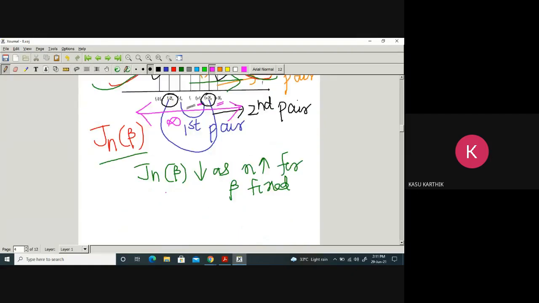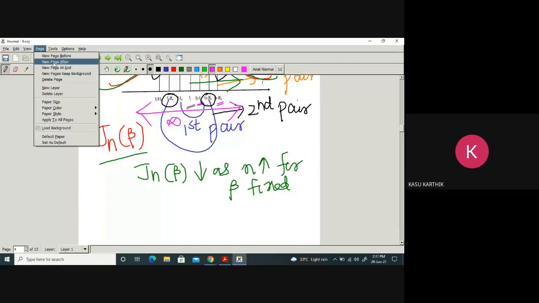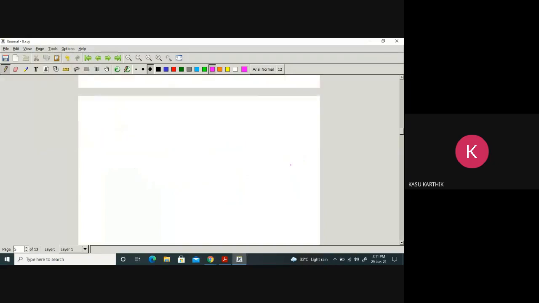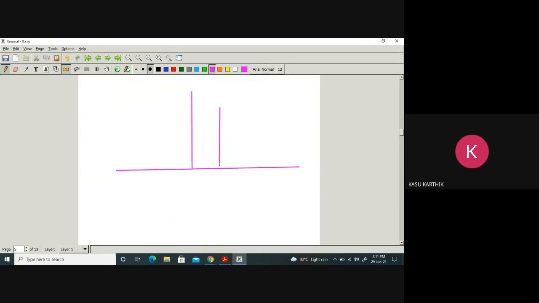Otherwise, let me take a simple example to illustrate the bandwidth. You take a figure here. I'll take some sidebands. So one carrier component, and let me take some sidebands here and here.